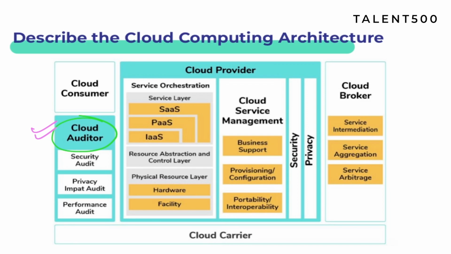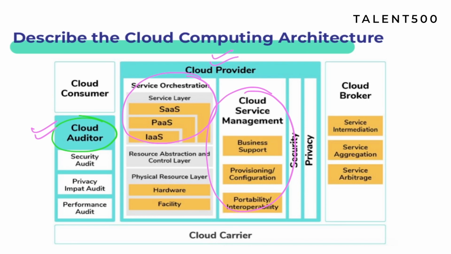Now, if you see what else we have here on the screen, next one is cloud provider. In this particular case, we have two things. First one is talking about services, and then we have some cloud management services. Now, if you talk about these service layers, we have just spoken about that: IaaS, PaaS, SaaS and all.